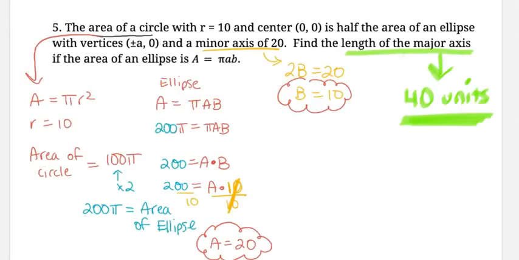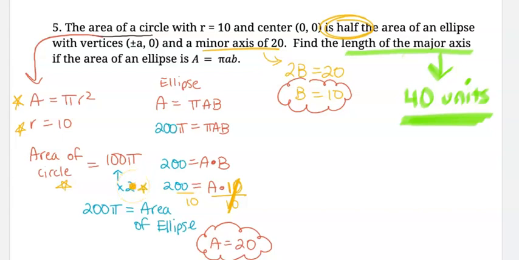All right, folks, as we close things out for today on the ellipse, notice that I have some various work as I work through the information we were provided. First, I wrote down the area of a circle formula, plugged in r, and figured out the area of that circle. If the area of that circle is supposed to be half the area of our ellipse, I doubled the area to figure out the area of our ellipse.